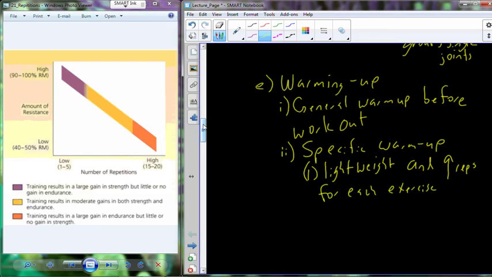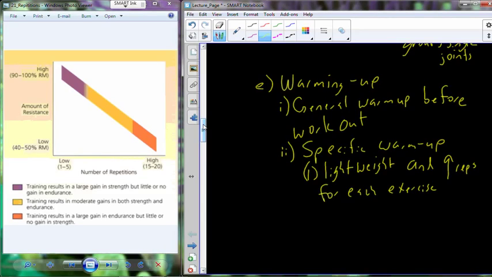So again, back to the example of bench press. You start out 10 minutes on the treadmill, and then you go over to the bench, and you start out maybe with just the bar, and you lift the bar 25, 30, or maybe more times. And that gets the blood flowing to that specific muscle group. And then you begin to stack weight, and you go through your endurance training or your strength training or your general fitness type training, reps and sets for bench press.